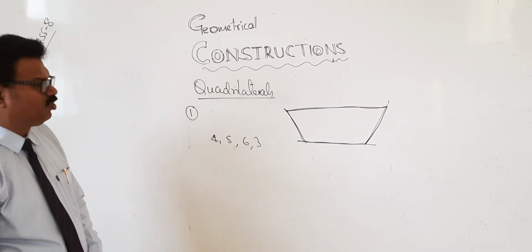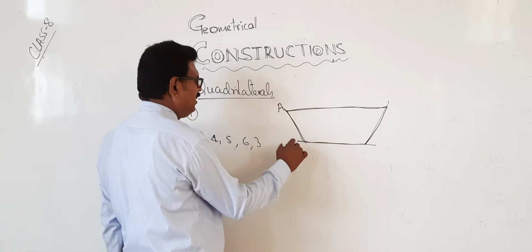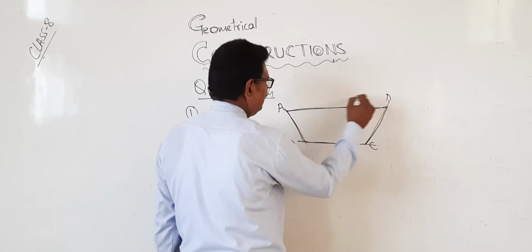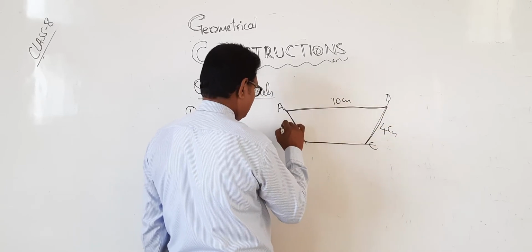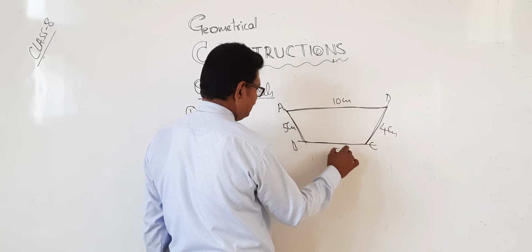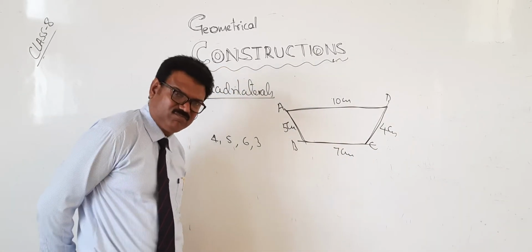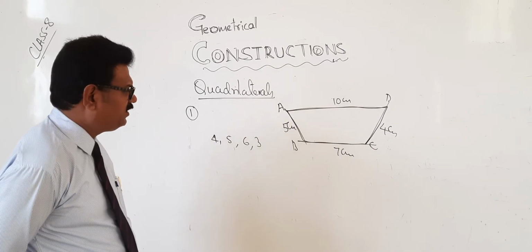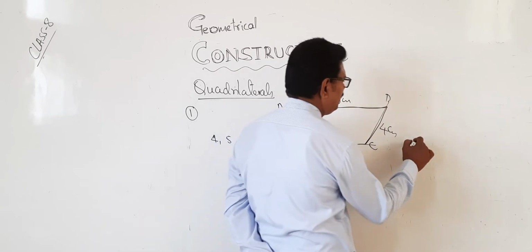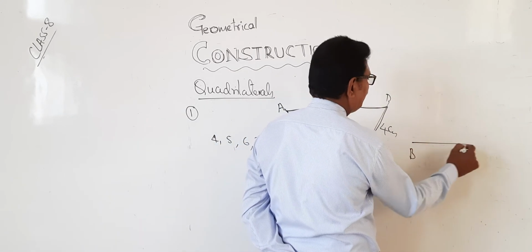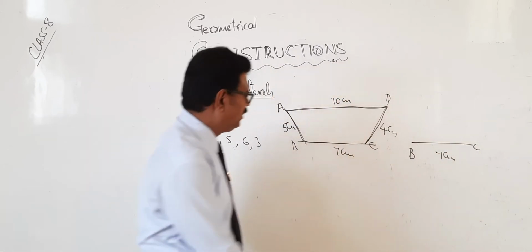This is a multiple choice question. For example, we will take the rough figure ABCD with 10 centimeters, 4 centimeters, 5 centimeters, 7 centimeters. Now construct this. Shall we construct? Yes. Now how to construct? Very simple. Base BC taken, 7 centimeters.